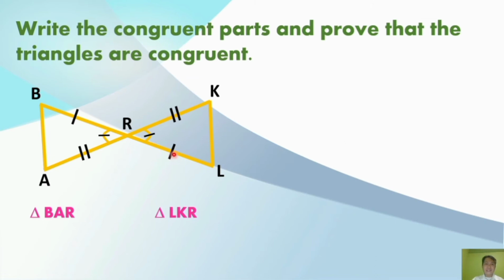We have side, angle, side. On the second triangle, we have side, angle, side. And the angle here is an included angle. So therefore, we can conclude that the 2 triangles are congruent by SAS congruence postulate.